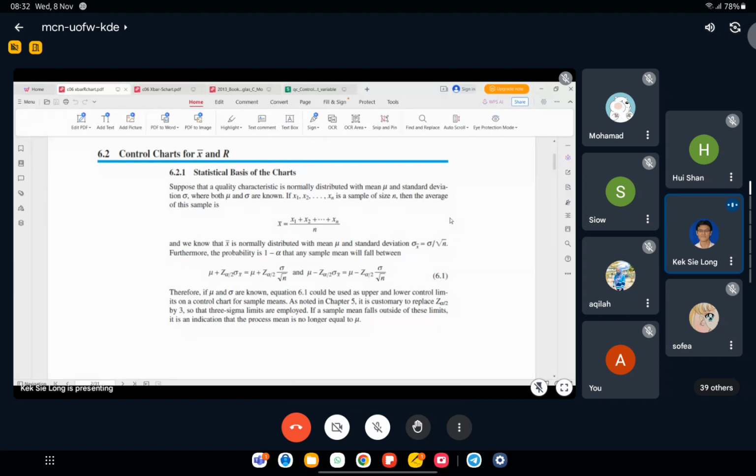Remember this is one of the assumptions when we want to construct a control chart.